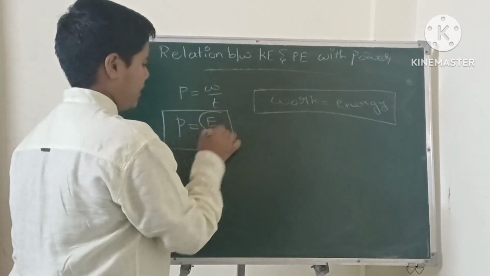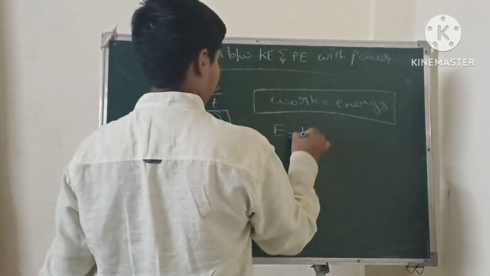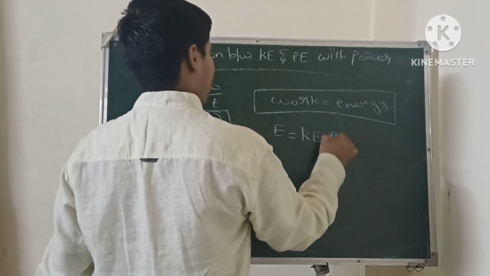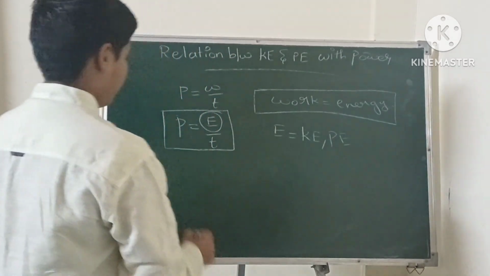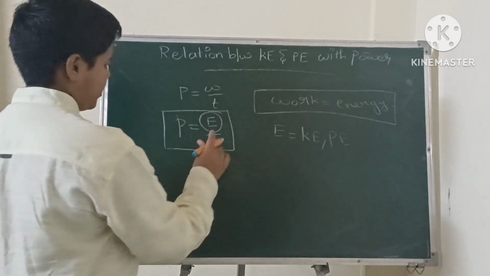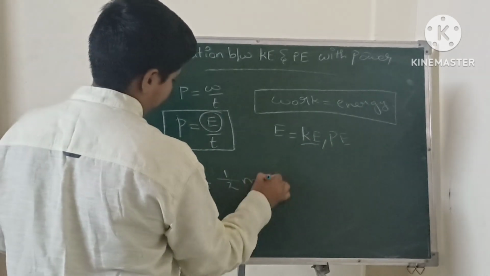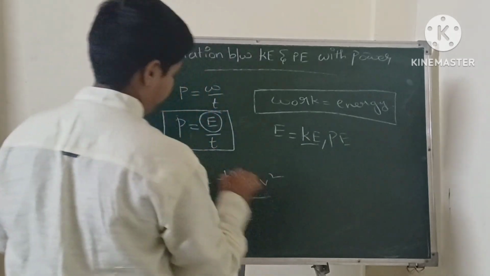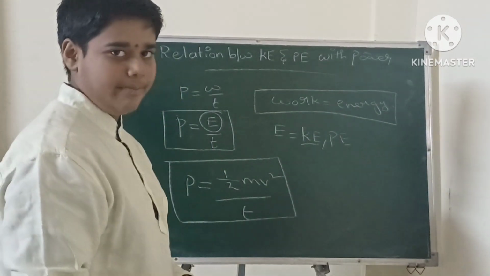And in place of energy, we can write kinetic energy and potential energy also. So power is equal to kinetic energy, which means half mv square by time.